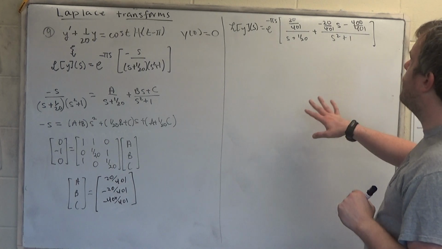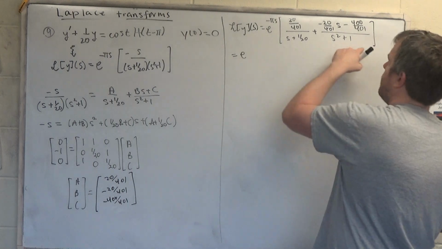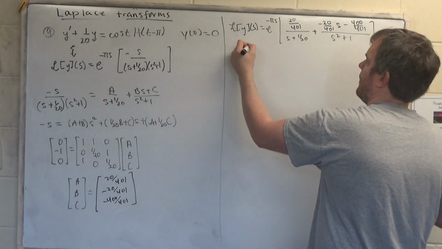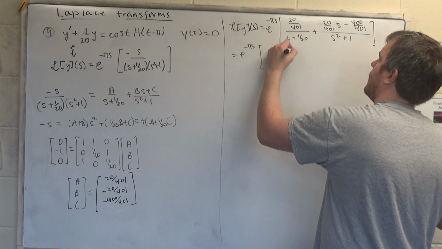Now all I have to do to finish the job for our partial fractions is to split up this last fraction. And then everything should be on the chart.